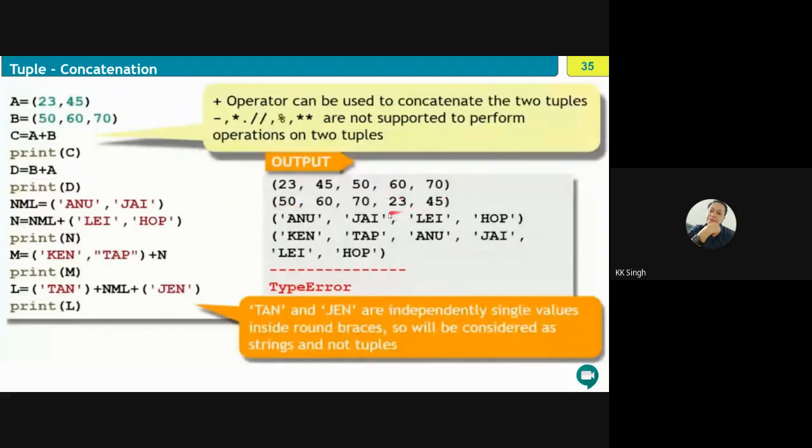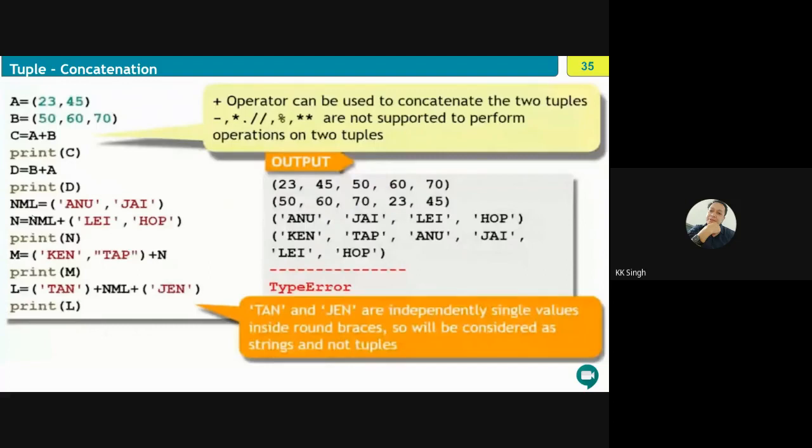Right? Now, let us see the tricky part here. NML is a tuple of two strings, Anu and Jack, and we have defined the NML tuple with the values Anu and Jack.